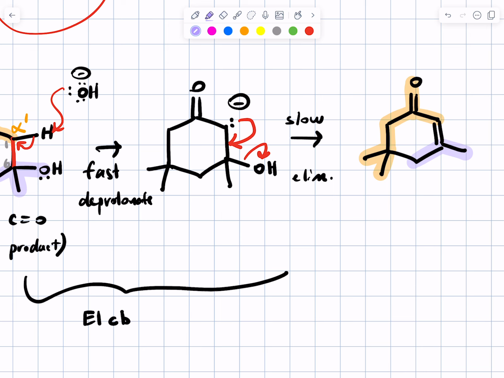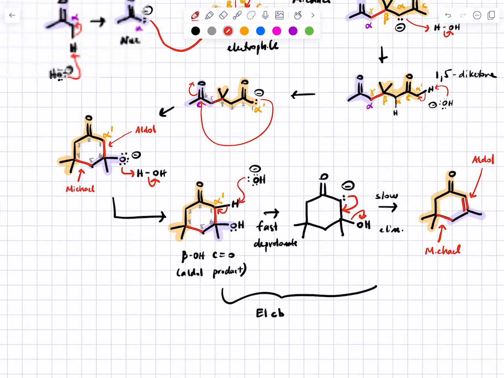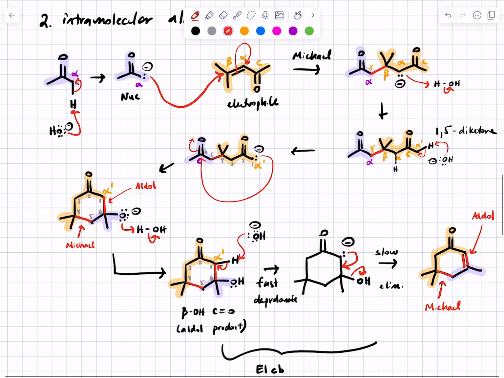Let's use red to indicate this bond that again we made in the Michael reaction. And then these two bonds which we made in the aldol reaction and subsequent E1CB style elimination. There is the ring.